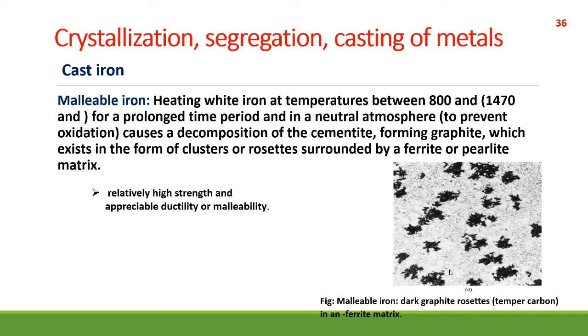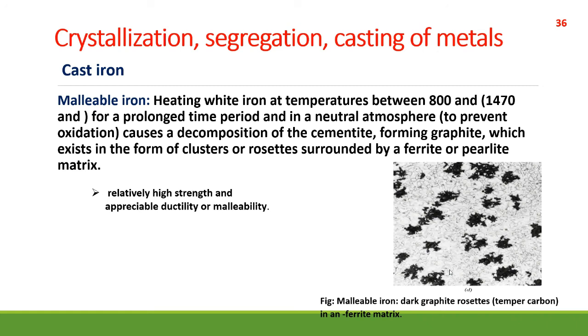This is the other type of cast iron. Heating white iron at temperatures between 800 and 900 degrees for a prolonged time period in a neutral atmosphere causes the formation of malleable iron. It happens by the decomposition of cementite forming graphite, which exists in the form of clusters in a ferrite or pearlite matrix.